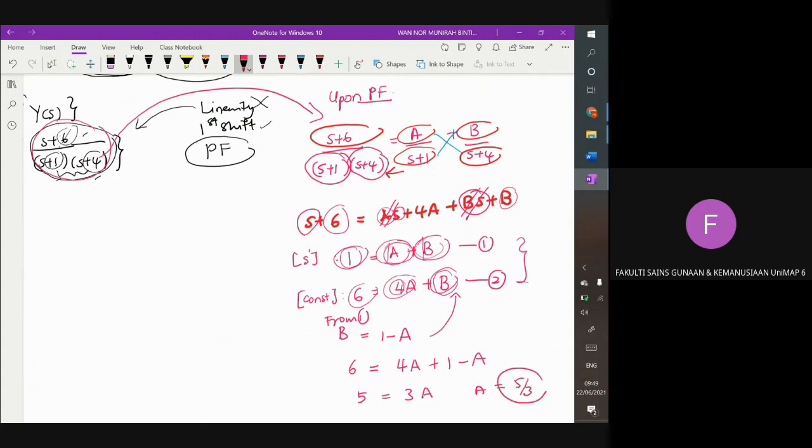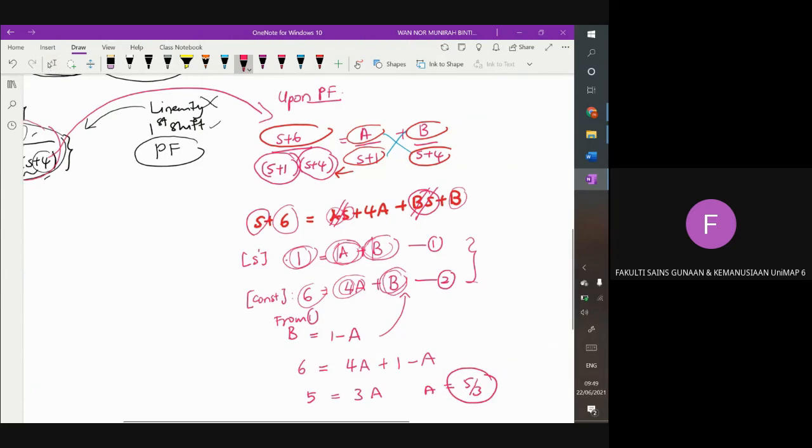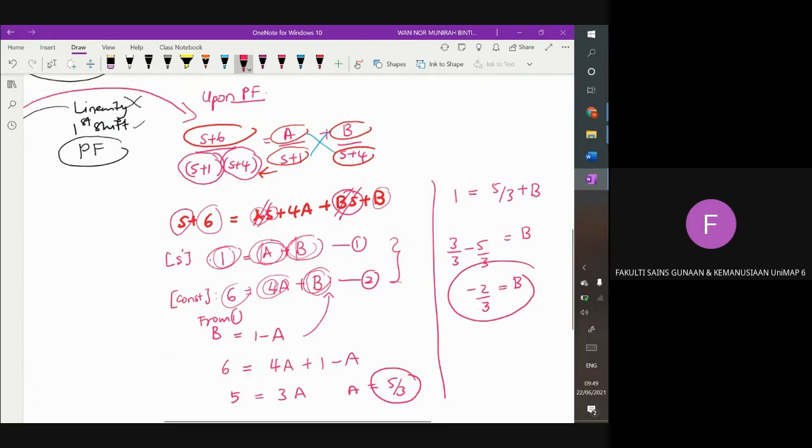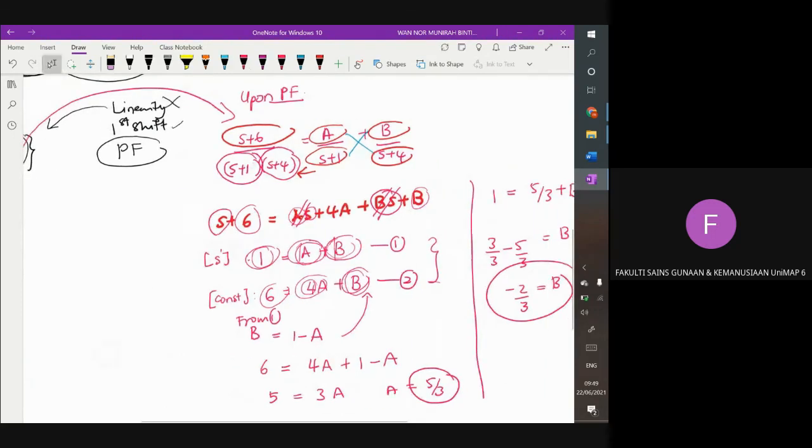I hope that my calculation here is correct. But I already told you on how to use the calculator. So here I have 1 equals to 5 over 3 plus B. So B equals to 3 over 3 is 1 minus 5 over 3. So I have B equals to negative 2 over 3. So A equals to 5 over 3, B equals to negative 2 over 3.